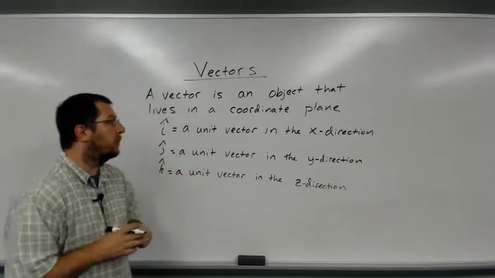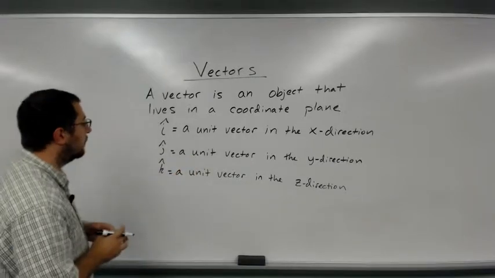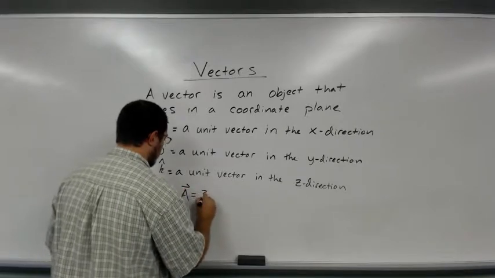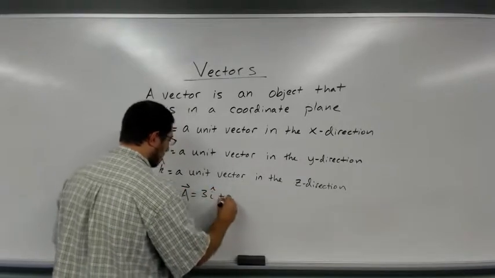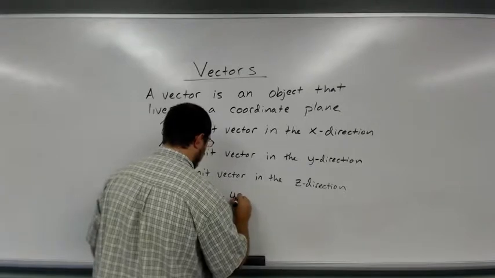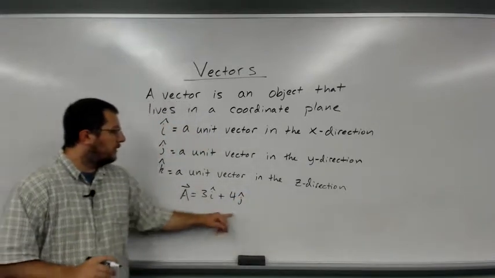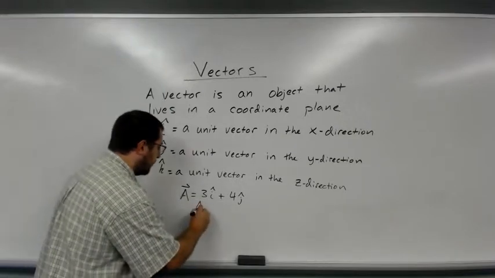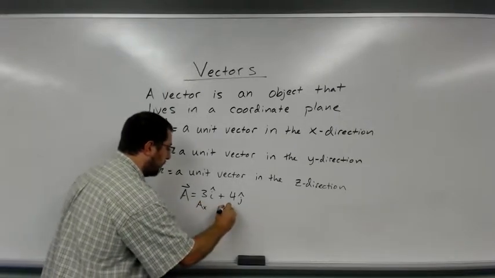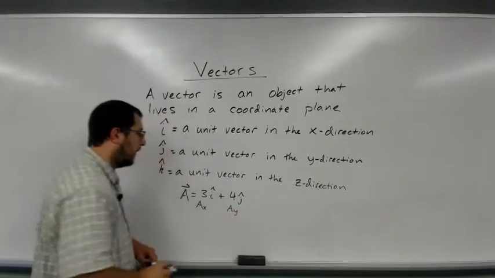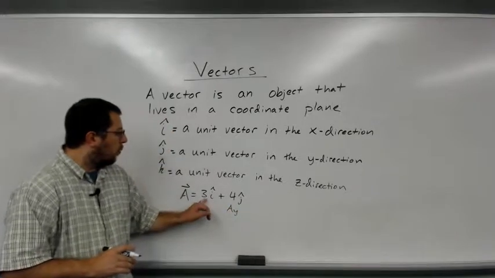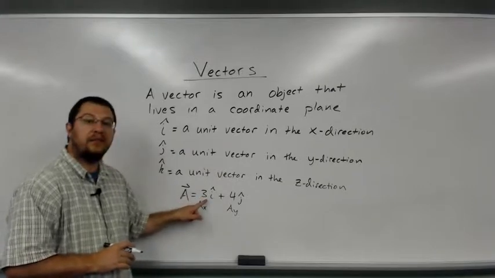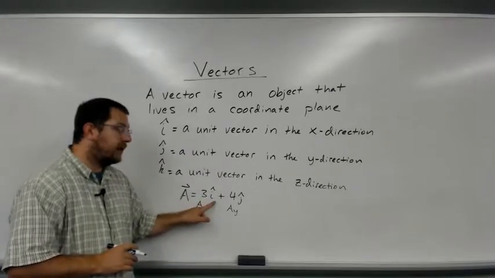Okay, so when I write a vector that looks like this, if I have a vector that looks like this, the 3 here would represent my A_x. 4 would represent my A_y. Okay? What this is telling us to do is to take a length of 3 in the x direction.